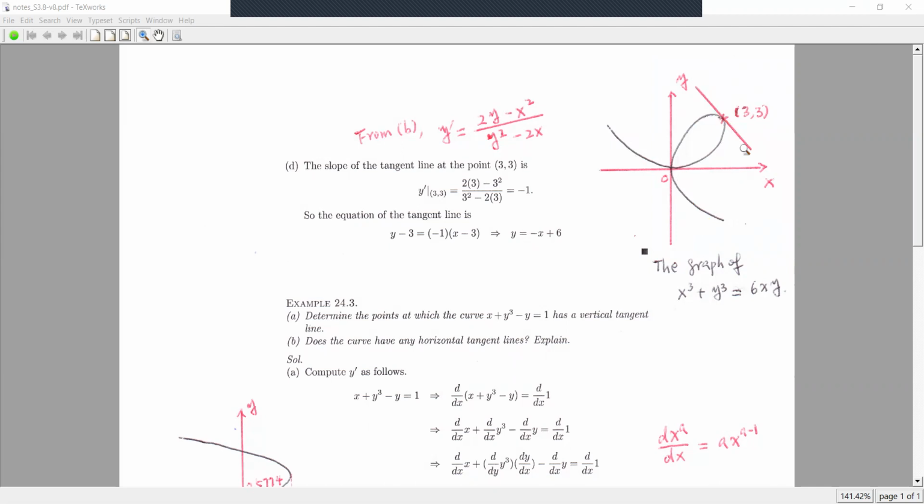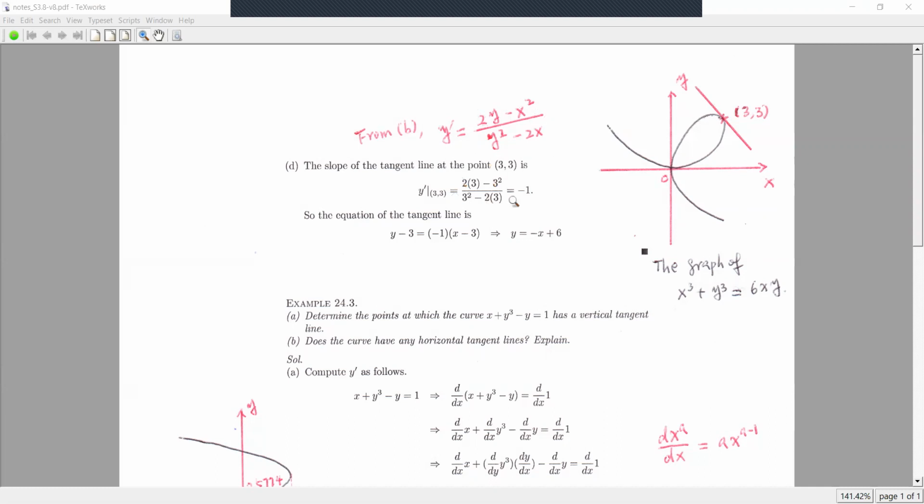To write down the equation of the tangent line, we need to know the slope of the tangent line. In part B, we have computed the derivative. Now, to get the slope of the tangent line at the point 3, we just need to plug the point into the derivative.